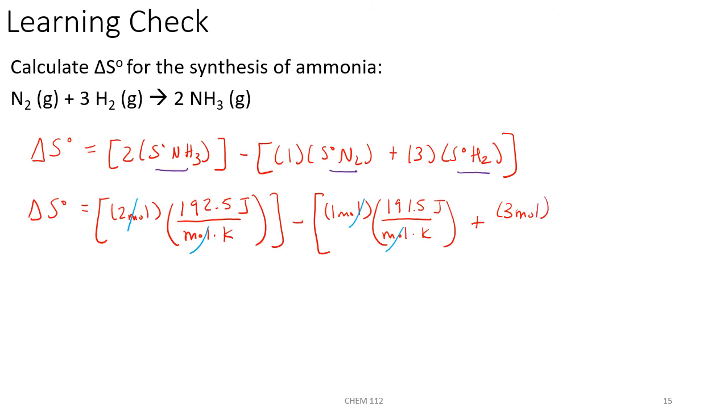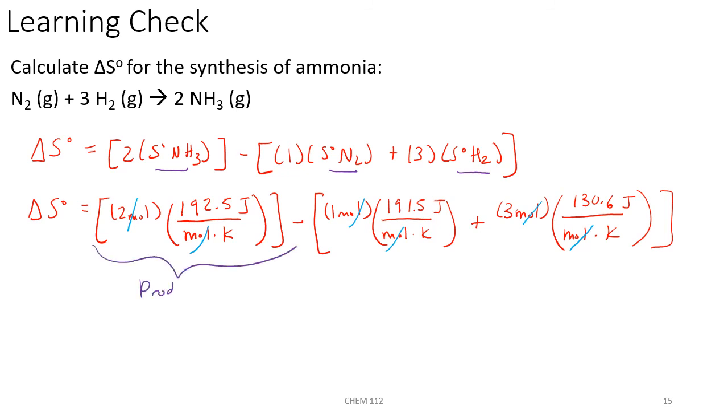We have 3 moles times our standard molar entropy for hydrogen, which is 130.6 joules per mole times Kelvin. And that would be the sum of our reactants. Our moles are going to cancel. So here we have our products, just one, the ammonia. Here we have our reactants.